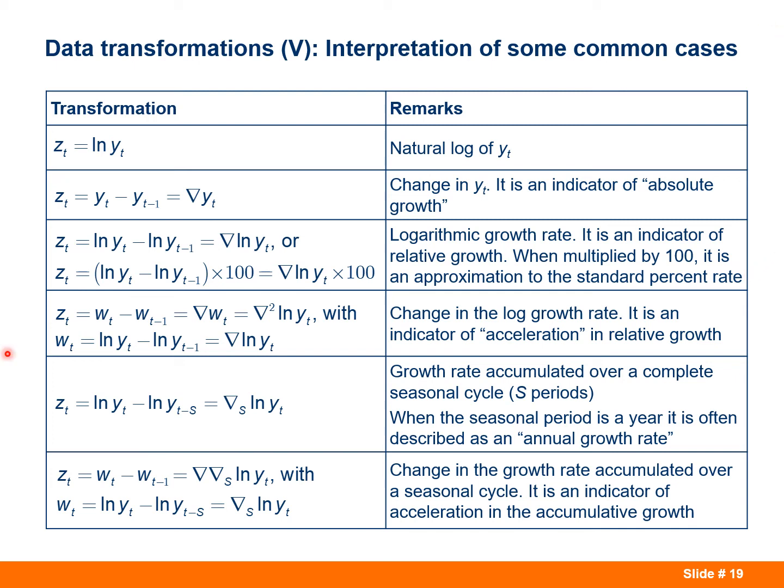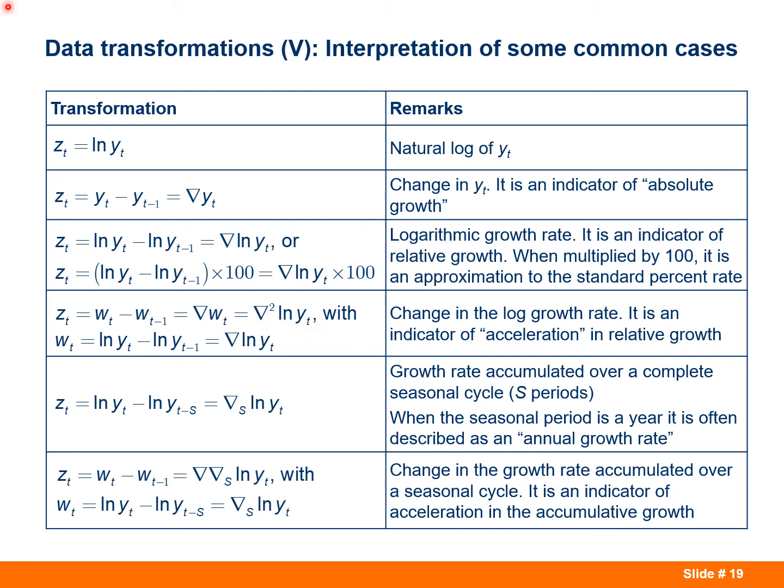Now consider the following mess. Wt is log yt minus log yt minus 1, so nabla log yt. But you apply again a difference. So ct is wt minus wt minus 1, which is the first order difference of wt or the second order difference of log yt.